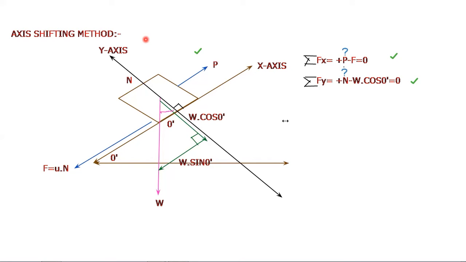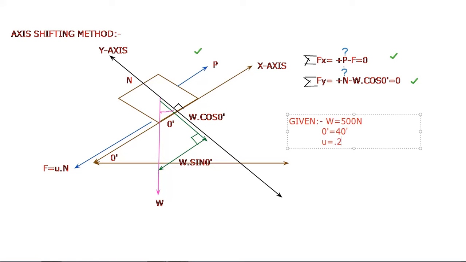So which given values are required in this numerical? You require W. Let us assume W is equal to 500 Newton. You also require the value of theta. Let us assume theta is 40 degree. Next, you require the coefficient of friction.